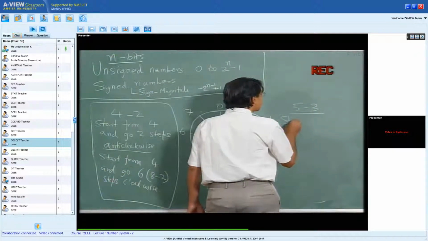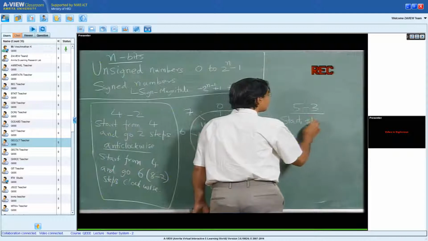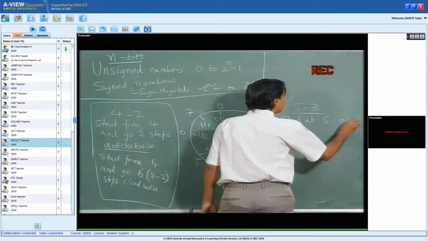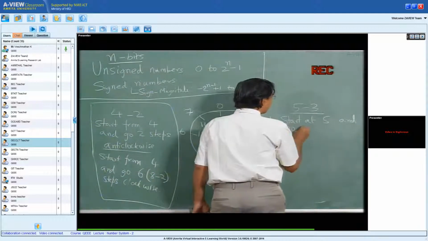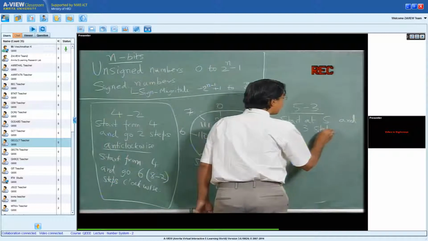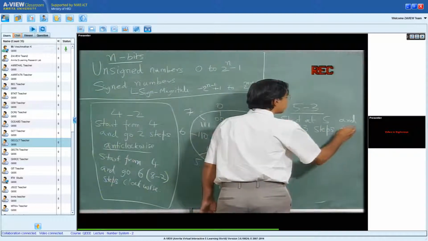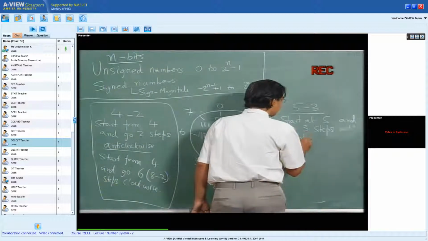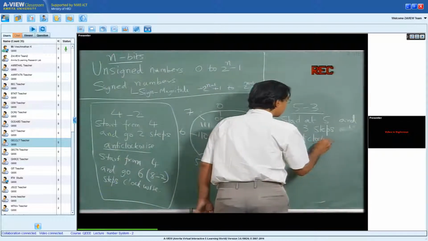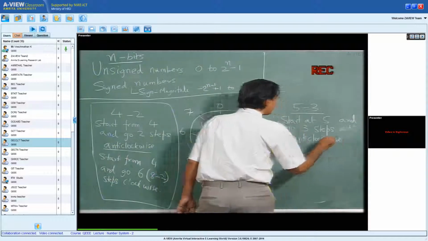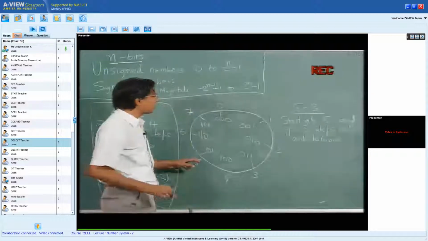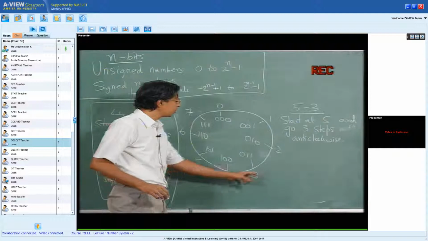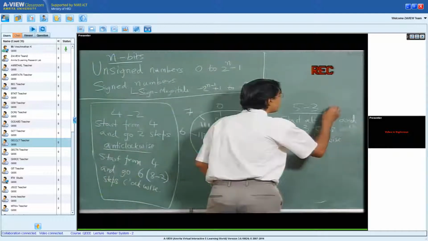So one way is start at 5 and go 3 steps anti-clockwise. So start at 5 and go 3 steps anti-clockwise. 1, 2, 3. So I get 2.